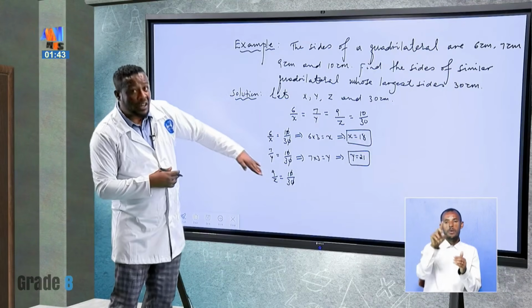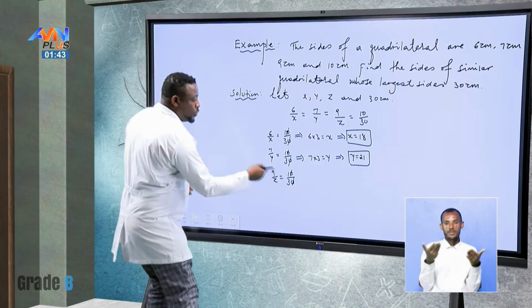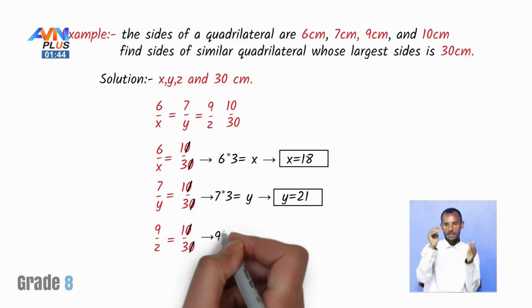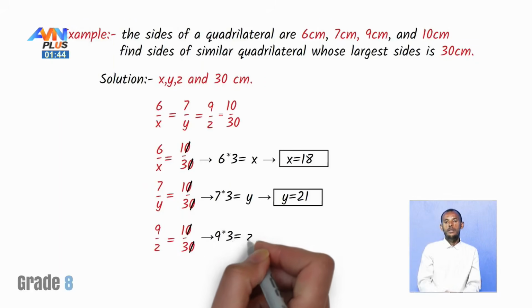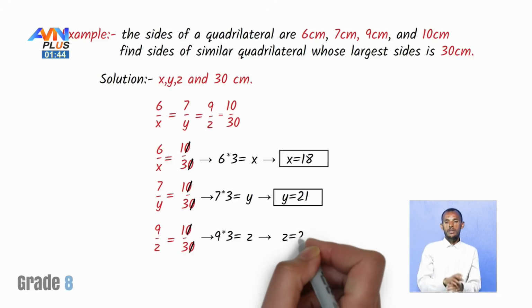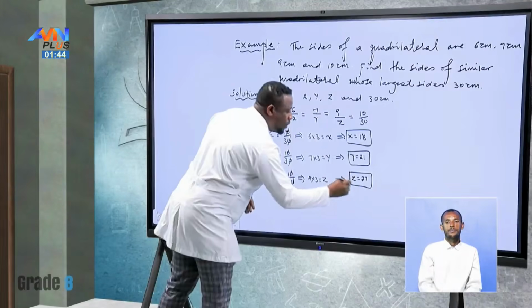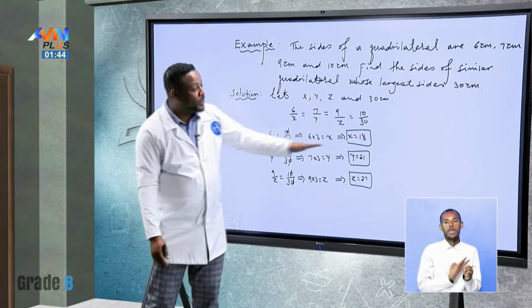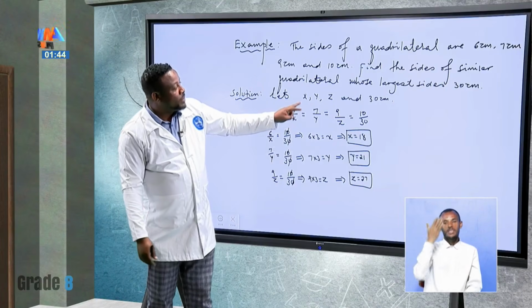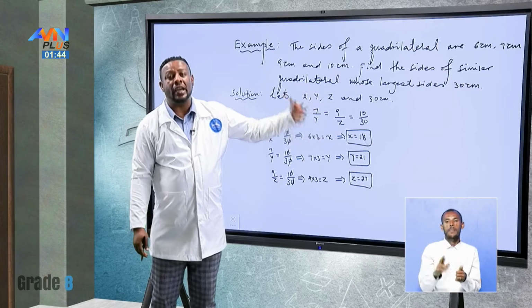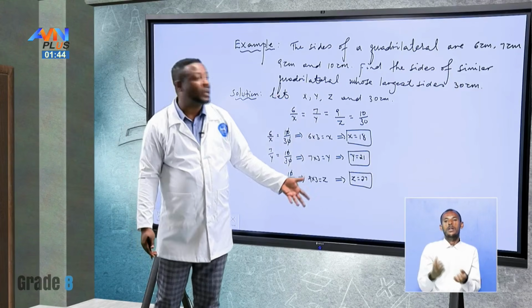And from the third equation, you can use crisscross, then 9 times 3 is equal to z times 1, which is z. So the third unknown variable becomes 27. Okay, so we obtained the unknown variables x, y, z, which are the unknown sides of a certain quadrilateral.